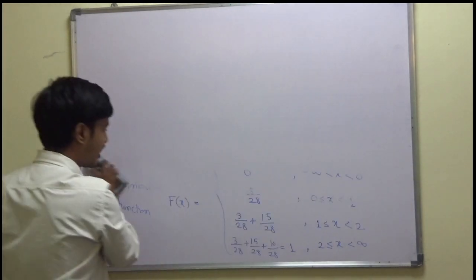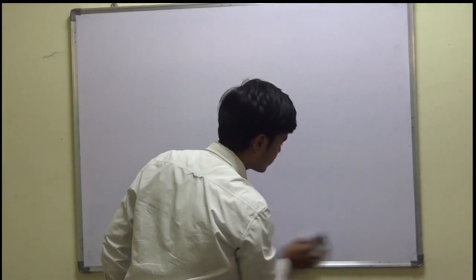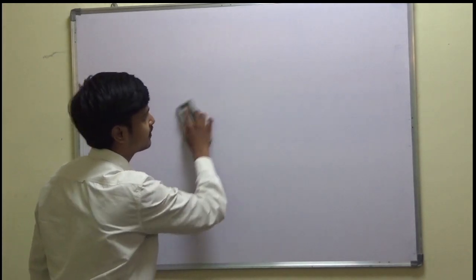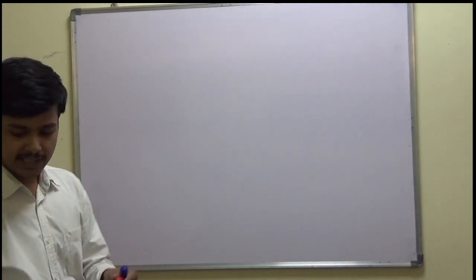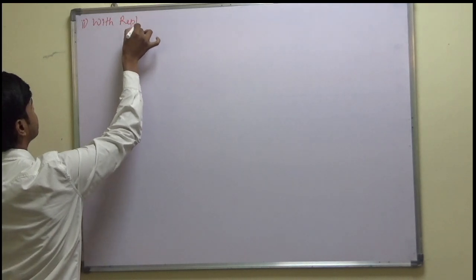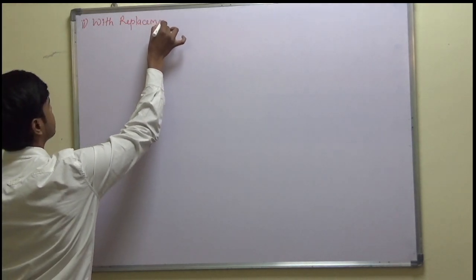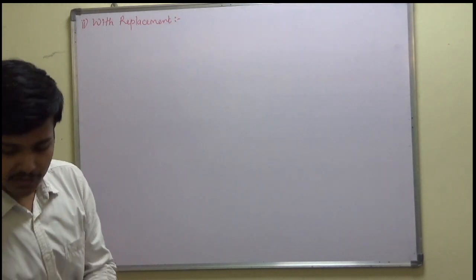We have just seen how to get the probability function and distribution function for without replacement. So let me write here, second part, with replacement. How many marbles do we have to draw?